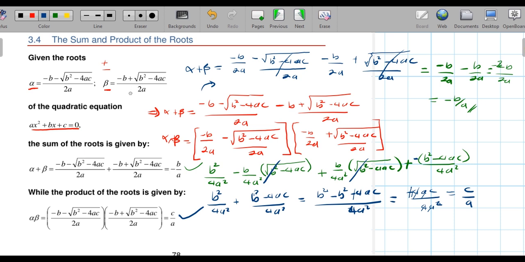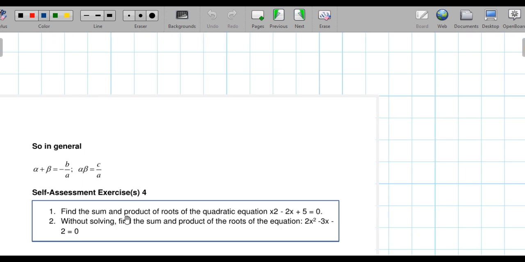So let's solve some examples on sum and product of roots right away. In this self-assessment exercise, we are told to find the sum and product of roots of this quadratic equation, x squared minus 2x plus 5 equal to 0, without solving.